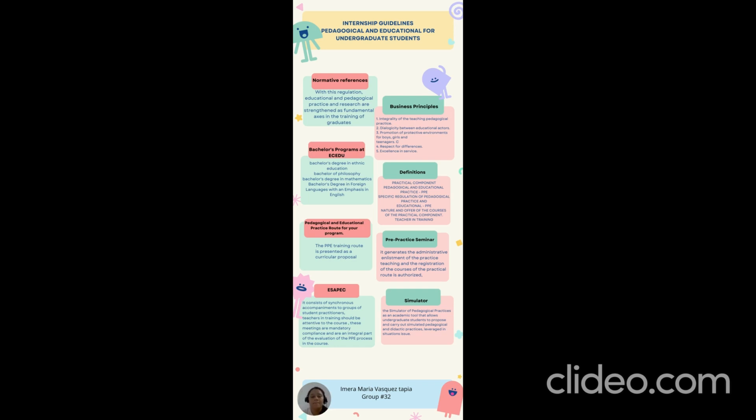And then integrity of the teacher pedagogical practices between the education of the actors. It's some guidelines that will allow us to be the best at what we're going to do at the program.